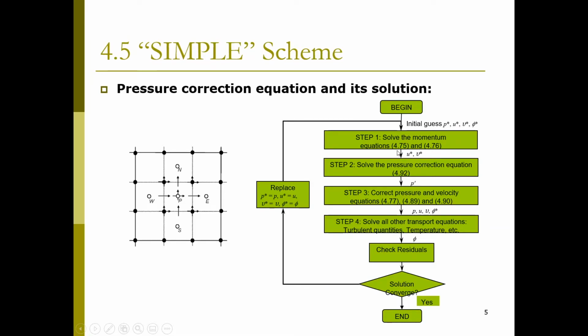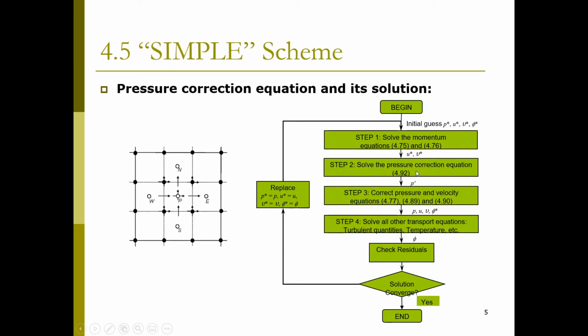We use the discretized momentum equations from what we have learned in the finite volume method discretizations before. And from there, we will obtain the guessed U and V. We will update the guessed U and V, and this U and V will be used to solve the pressure correction equation. And from this step 2, we will obtain the corrections of P, the pressure corrections.